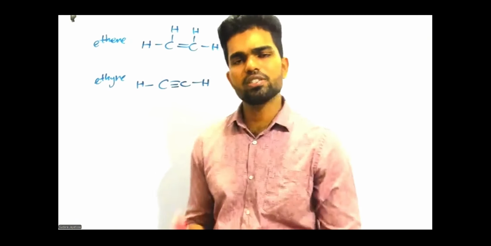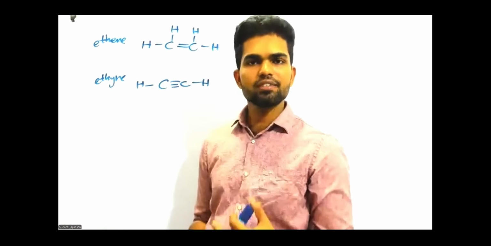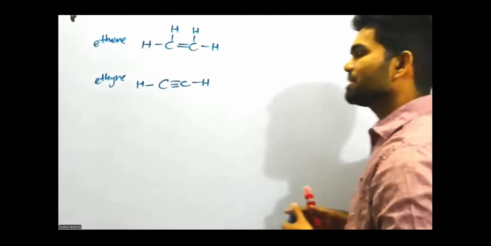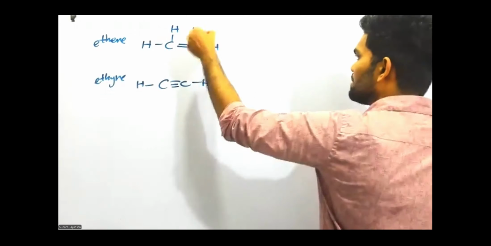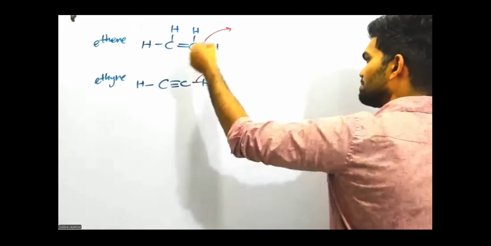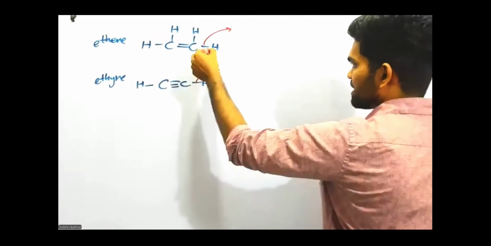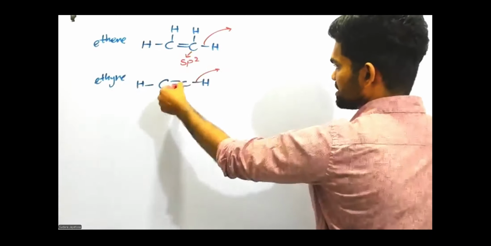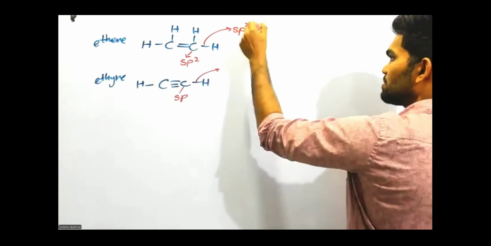Okay, so now if you just look at the molecule, you will see only one single bond. So sometimes you might think, is this the same length? No, it's not going to be the same length. Why am I telling that? Because here the orbitals participating in the hybrid bonding are different. From hydrogen, 1s orbitals are always participating, but here the hybridization is sp2. This hybridization is sp. So here you have sp2 and 1s overlap.